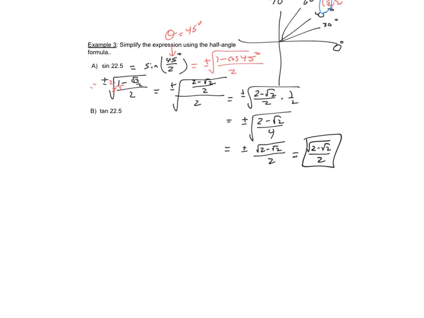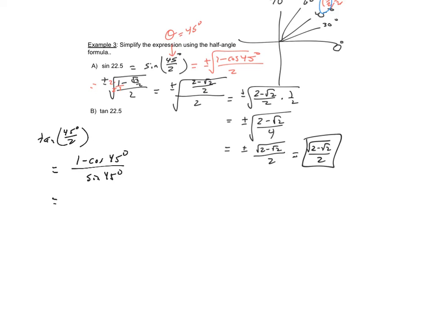So tangent there. Let's do the tangent. So the tangent is 45 degrees divided by 2. And using one of the formulas there, I'm just going to use 1 minus cosine 45 divided by the sine of 45. Well, we know what the cosine of 45 is.